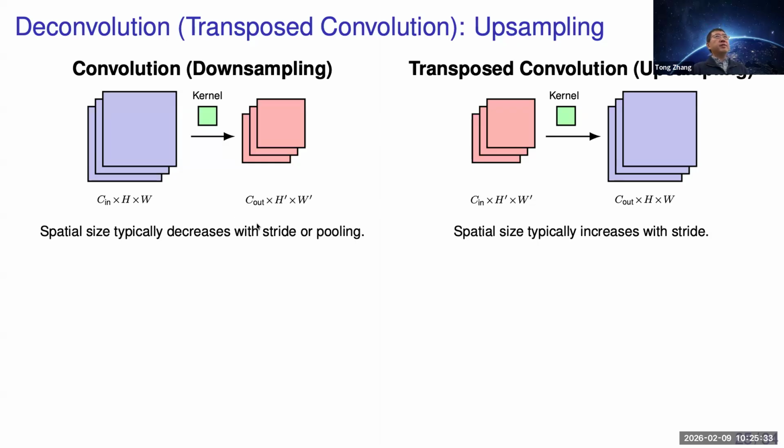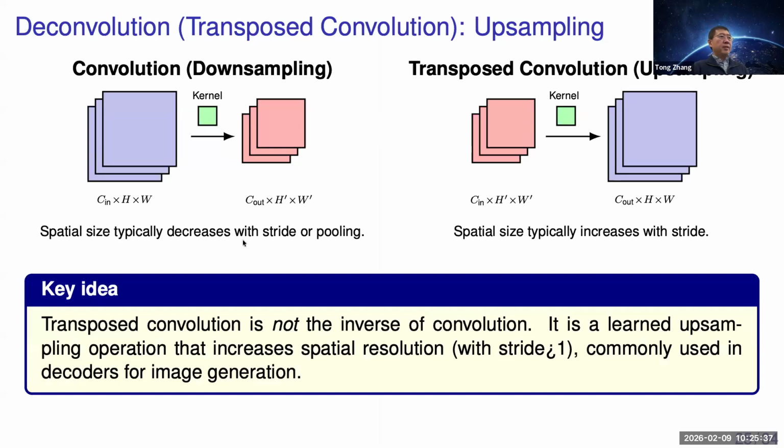Essentially, the mapping is in the shape, as I mentioned. It's not in the information. So basically, it increases with the stride, decreases with the stride, right? Transpose is not the inverse of a convolution. You cannot invert a compressed version, right? It's a learned upsampling, where the stride should be larger than 1, right?